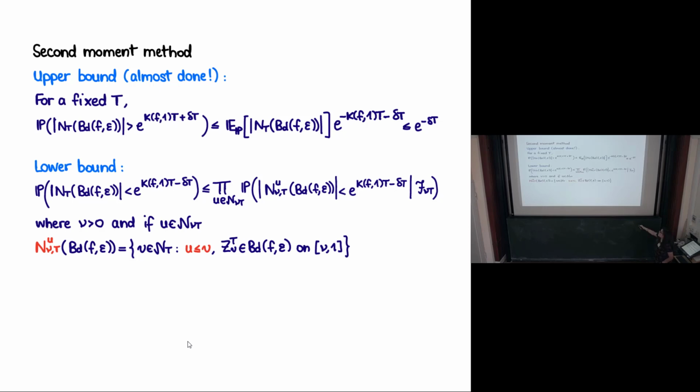So I can look at one of these copies, the tree starting from a particle in this generation, and all these events are independent, so I get the product of the probabilities.